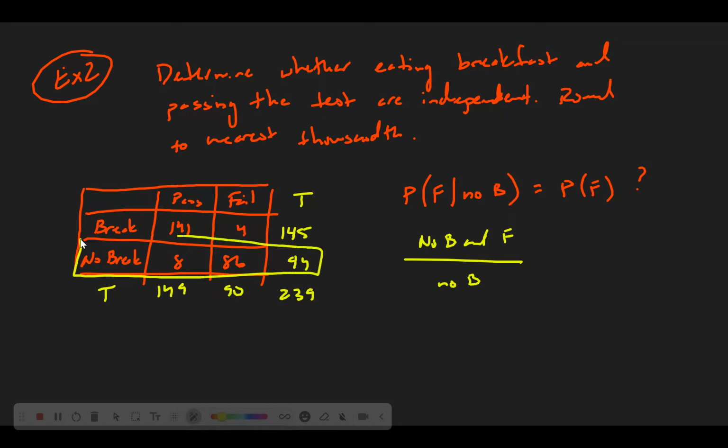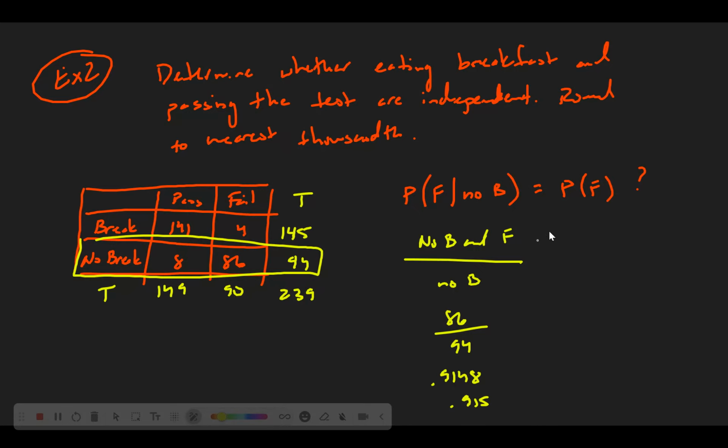In this row, there were 94 people who didn't eat breakfast, and out of those 94, 86 failed. We divide that, you get 0.9148. So we round that to 0.915. So you had a 91.5% chance of failing if you didn't eat breakfast.